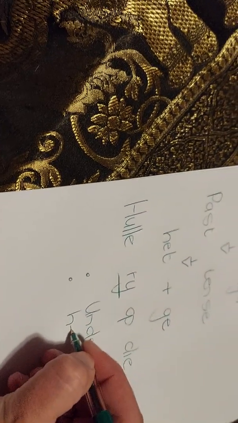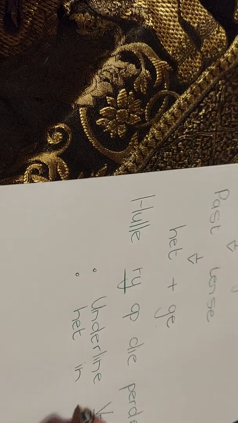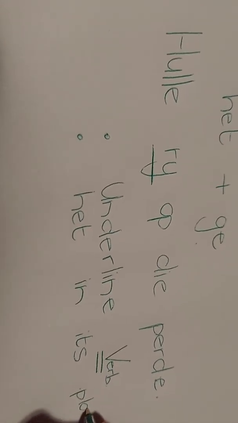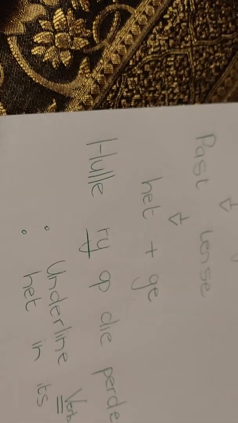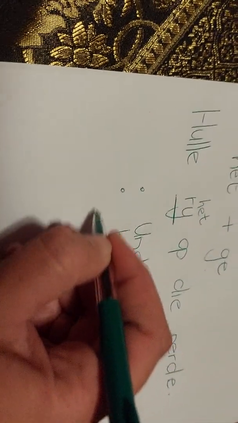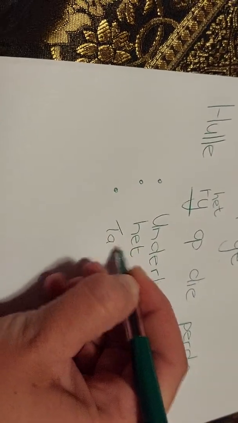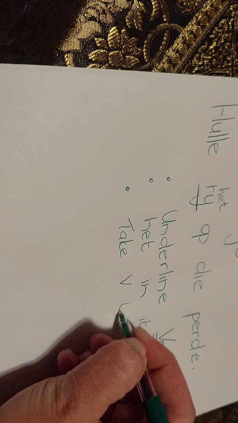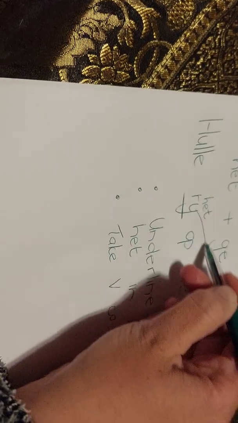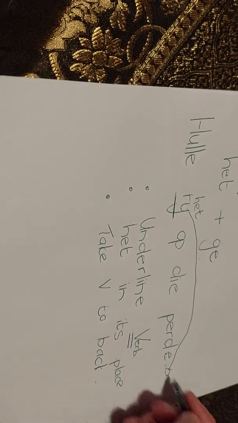Step 2, you put a het in its place. Okay, so let's put a het at the top of ry. Step 3, you take your verb to the back. There's the verb, take it to the back and write it down.